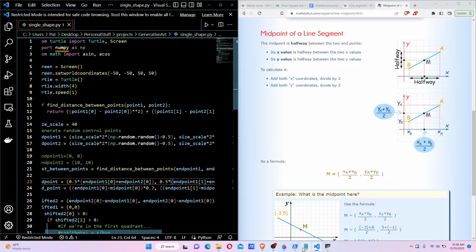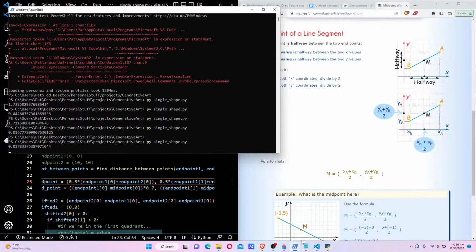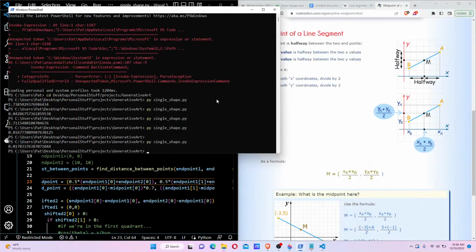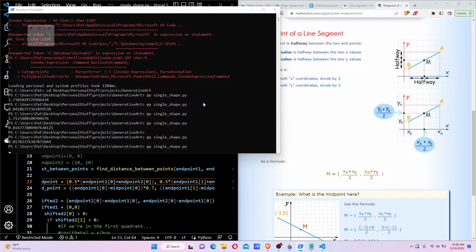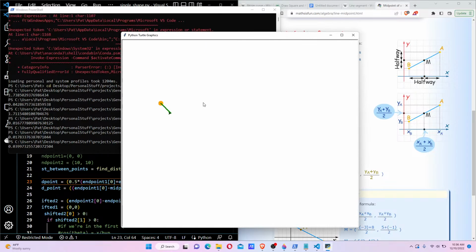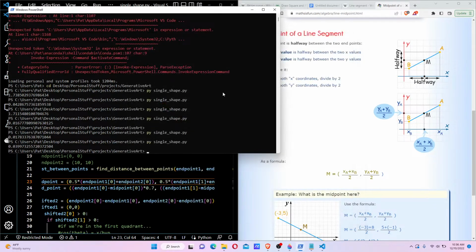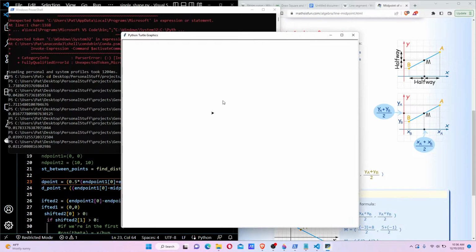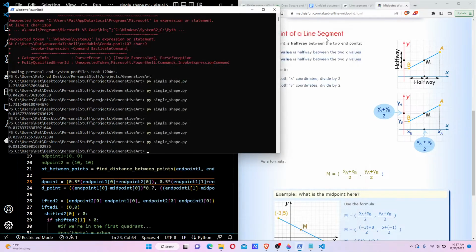Okay. Now let's see if that works. Cool. One more time to test. Okay, that's a nice end point.